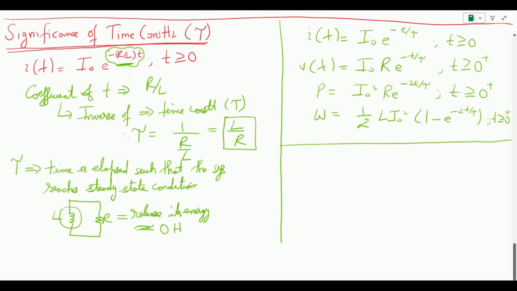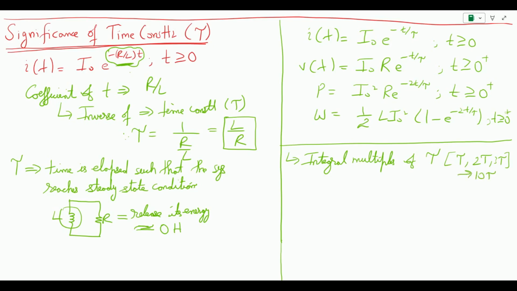Okay, so sometimes we can also see the importance of tau in a tabulated form or in terms of percentage. Normally we represent the system's behavior in terms of integral multiples of tau, which means we can write the system behavior as 1 tau, 2 tau, 3 tau, 4 tau, 5 tau, and we go till 10 tau.